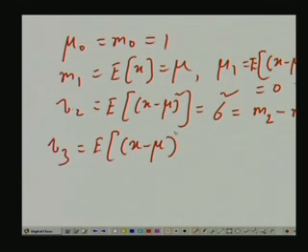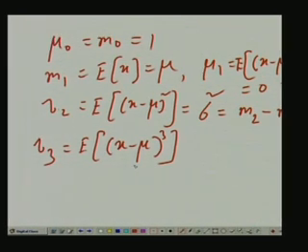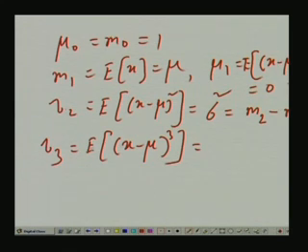If you expand it binomially, x cube, expected value of that will give you m 3, then minus 3 x square mu, expected value of x square is m 2.